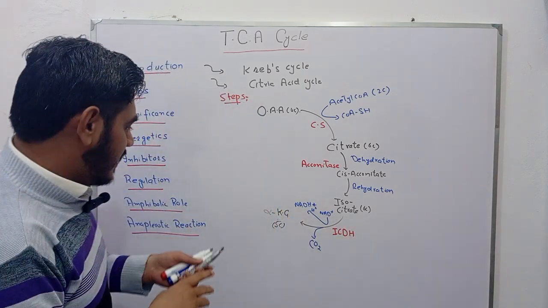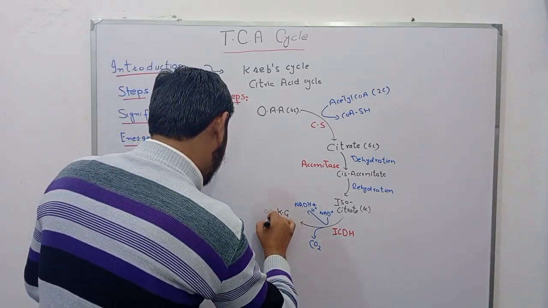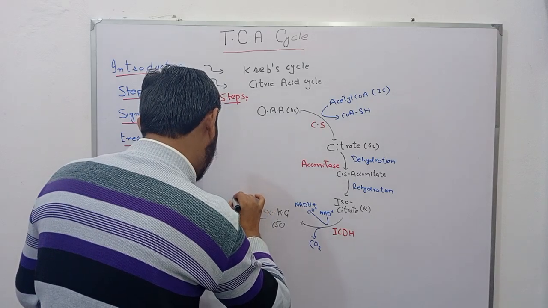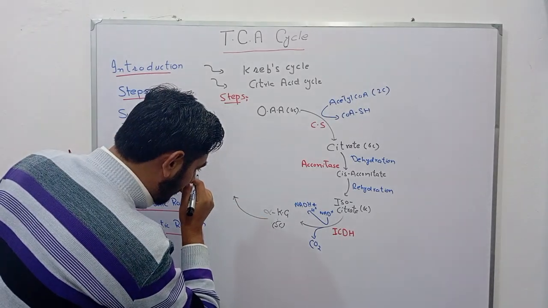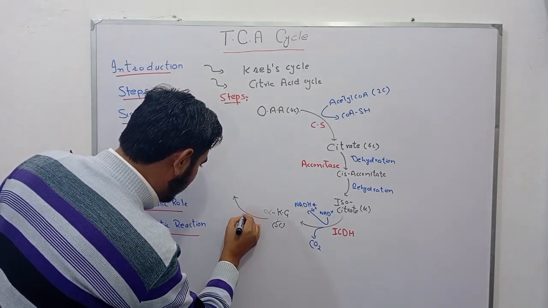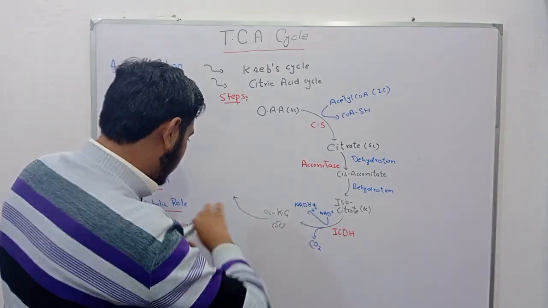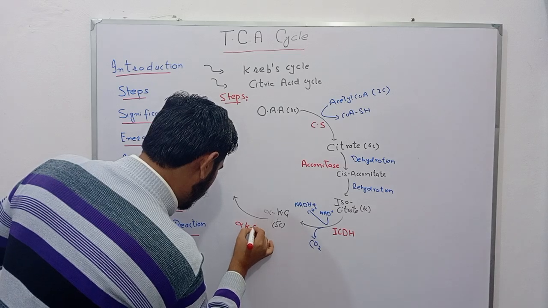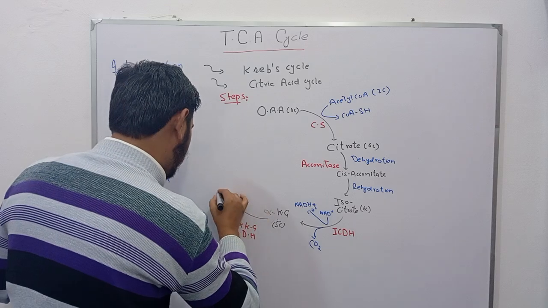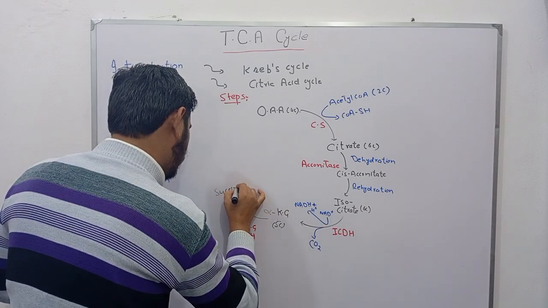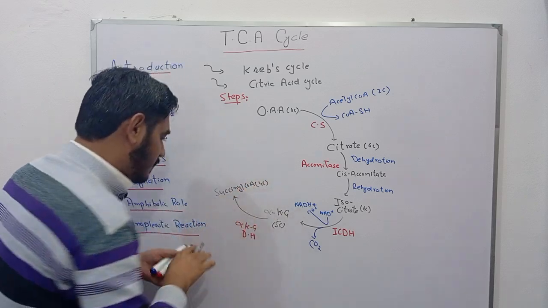In the next reaction, this alpha ketoglutarate, with the help of the alpha ketoglutarate dehydrogenase enzyme, forms succinyl CoA, a 4 carbon atom containing compound.